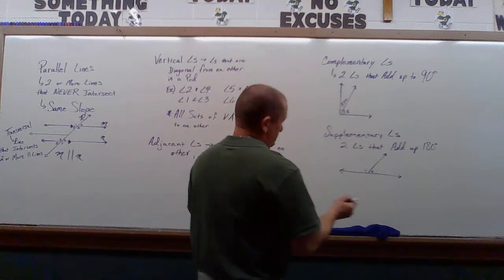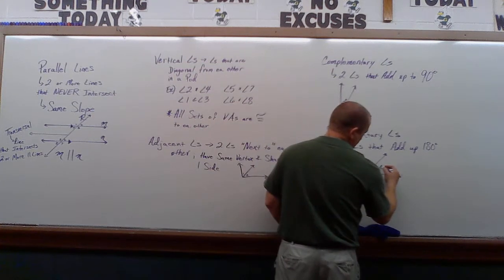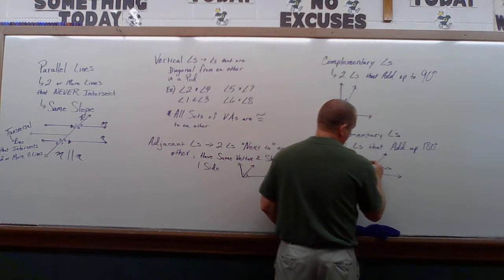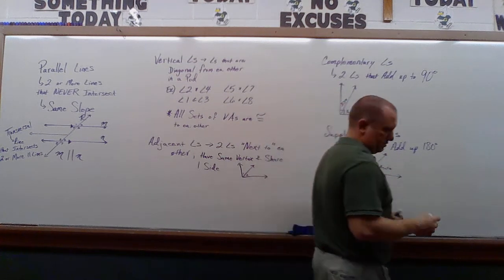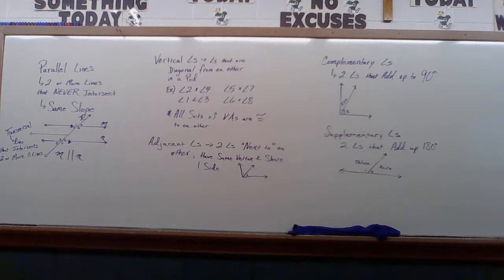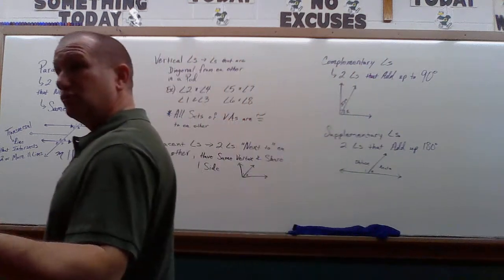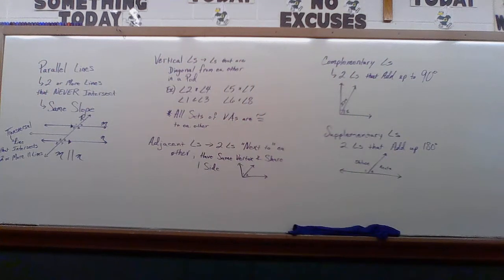Or they can both be right. So this would be an acute angle, this would be an obtuse angle, and predominantly a lot of the time, that's what they're gonna be, or what did you say, Mr. Galvin? Two right angles. Two right angles, right? Two right angles would always make up supplementary angles.